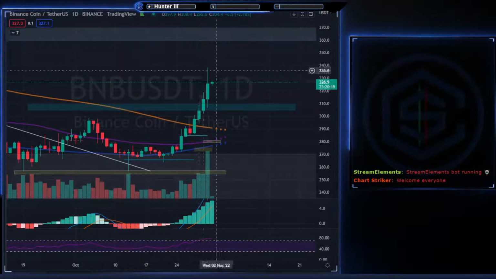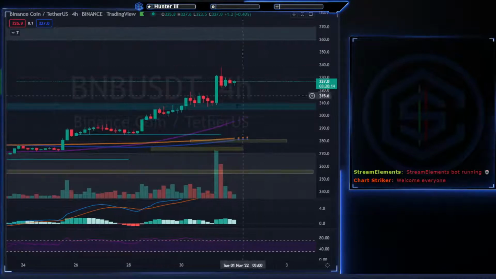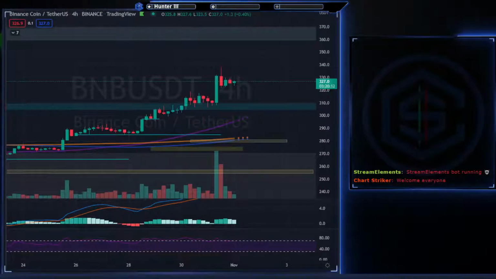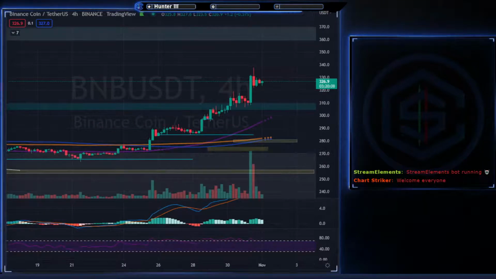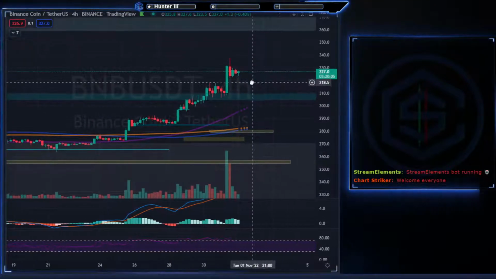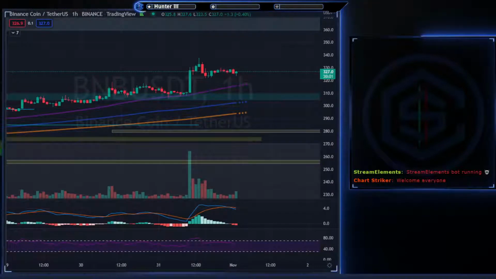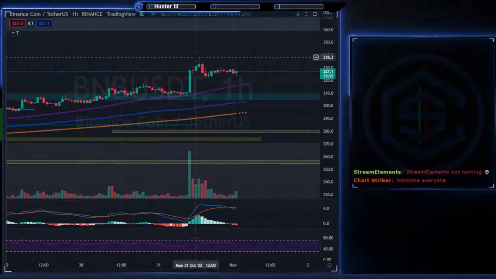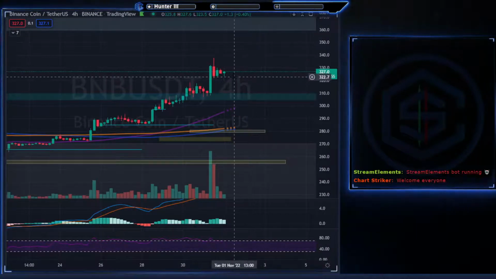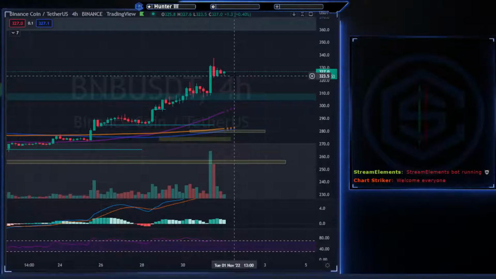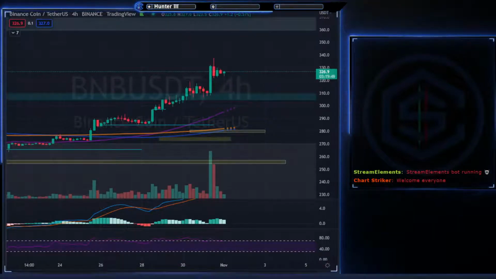We do see there is a bit of confusion going on. And looking at the 4-hourly, shooting star on the hourly, by the way. I'd be a bit cautious right now.